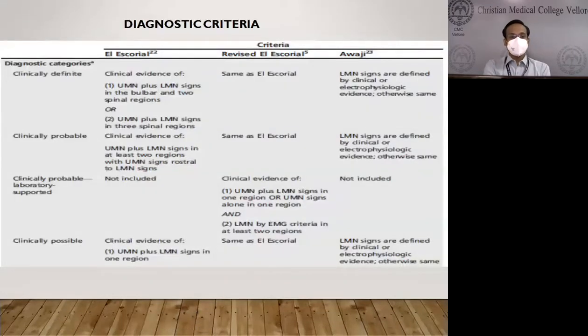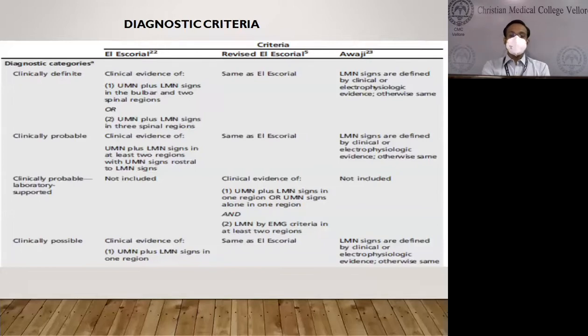And there are some new updates in the diagnostic criteria also. Previously the diagnostic criteria for ALS were the El Escorial, the revised El Escorial, and the Awaji criteria. In the El Escorial and revised El Escorial, it was the clinical demonstration of findings of upper and lower motor neuron dysfunction in at least 3 regions to say definite ALS.